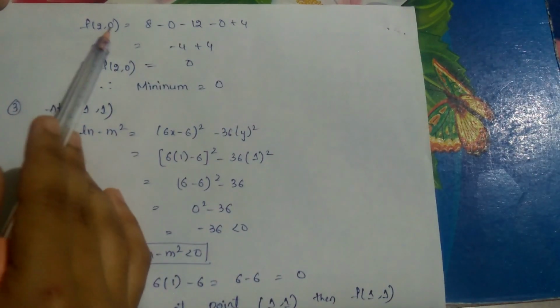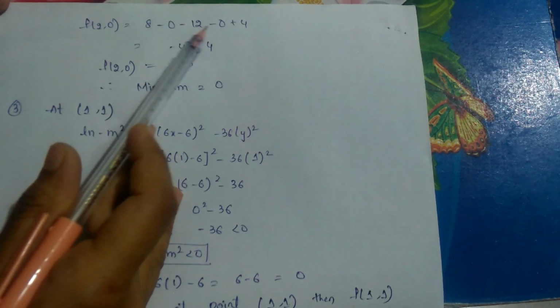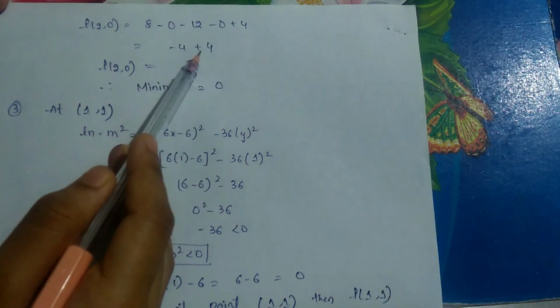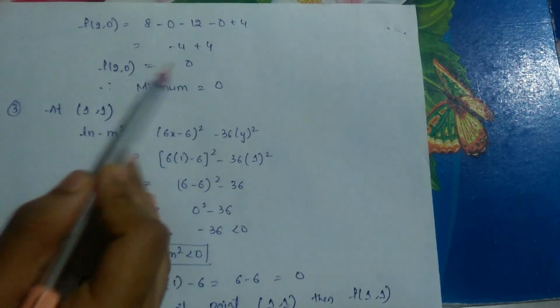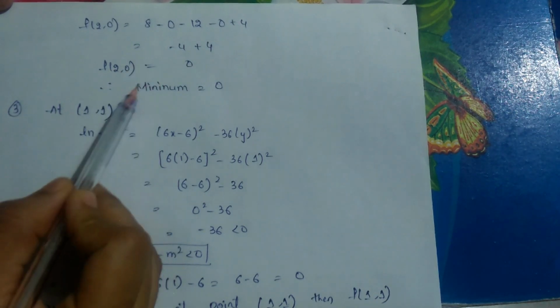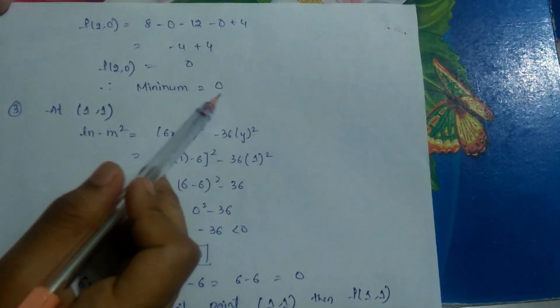When we solve, f of (2, 0) is 8 minus 0 minus 12 minus 0 plus 4, minus 4 plus 4 is 0. So f of (2, 0) is 0, and that minimum value is 0.